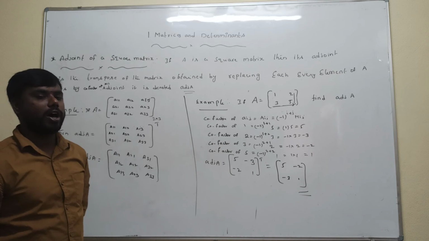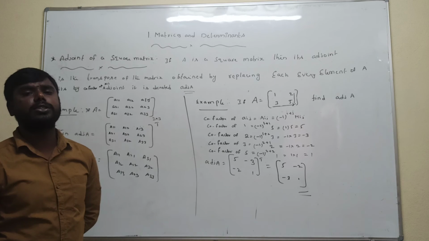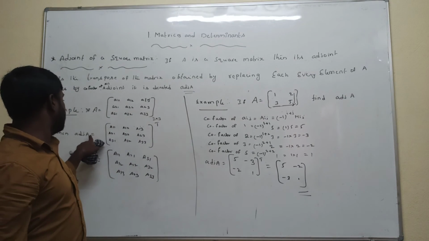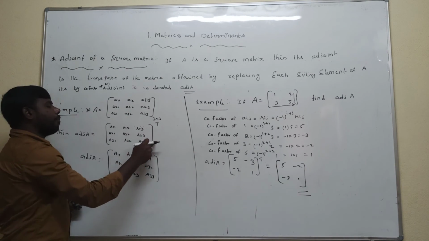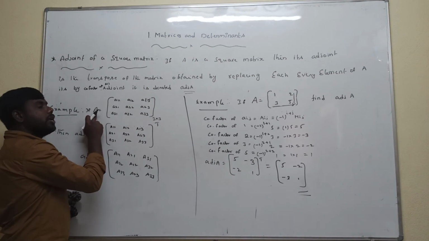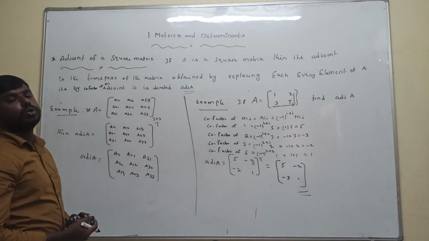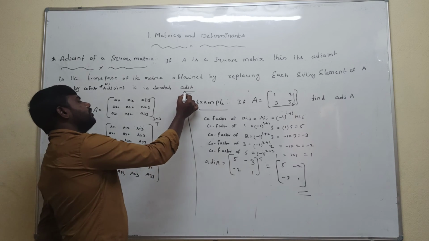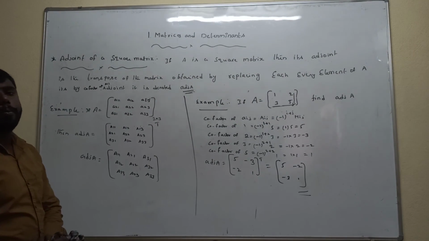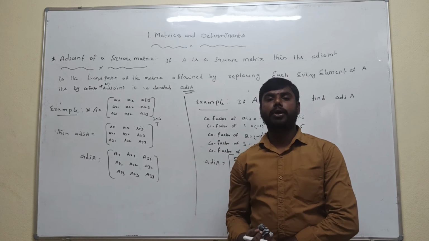If A is a square matrix, then its adjoint is the transpose of the matrix obtained by replacing every element of A by its cofactor Aij. It is written as adj A. This is the basic concept of minor, cofactor and adjoint of A.